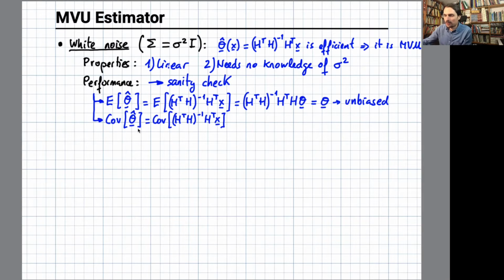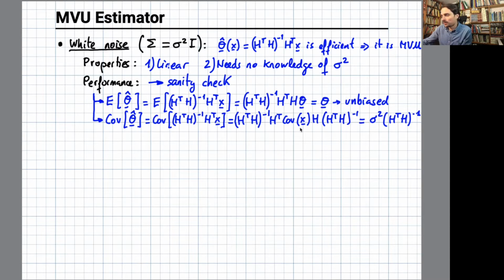The covariance matrix can also be obtained just by using probability theory facts. Remember that the covariance of a matrix times a vector is the matrix times the covariance of the vector times the transpose of the matrix. We reviewed this in the review lecture on probability theory.